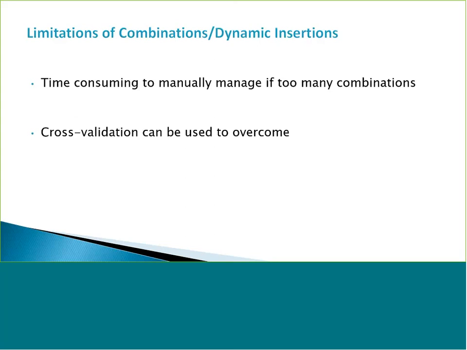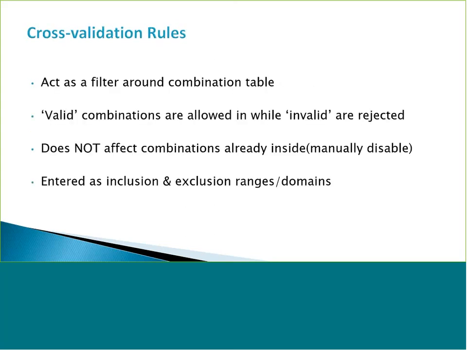But we have also seen that this can be very time consuming and a lot of work if you have very many valid combinations that you have to manually enter in your combinations table. So the concept of cross-validation rules helps us to overcome this problem, the limitations of dynamic insertion. What cross-validation rules do is act as a filter around the combinations table, right? We have said the combinations table is where the valid accounts exist, and those are the accounts that you can use.